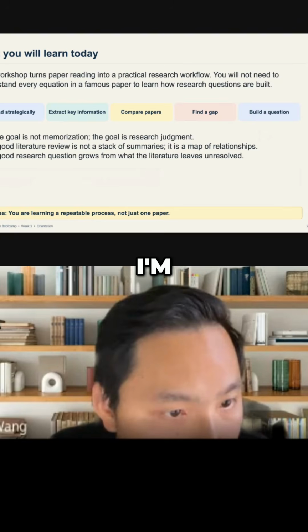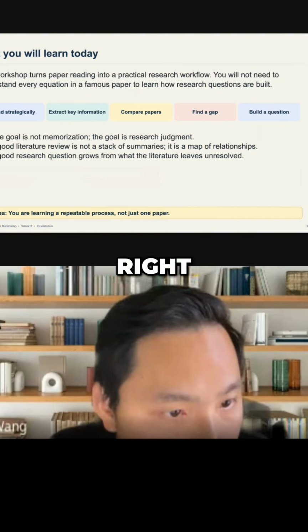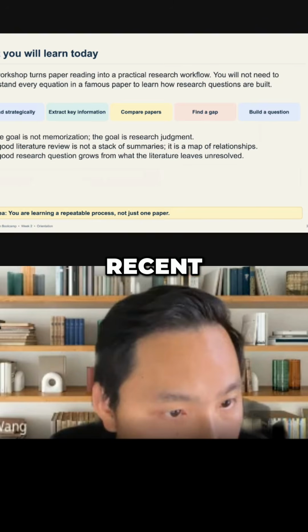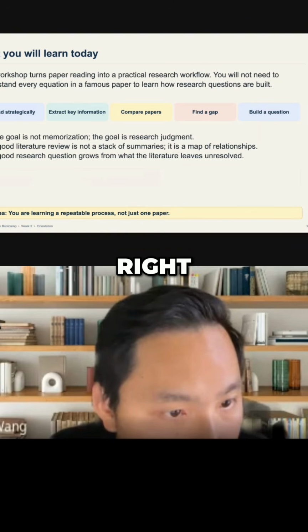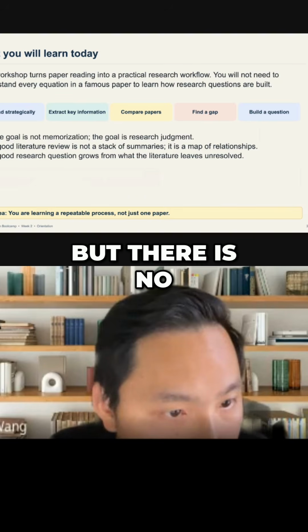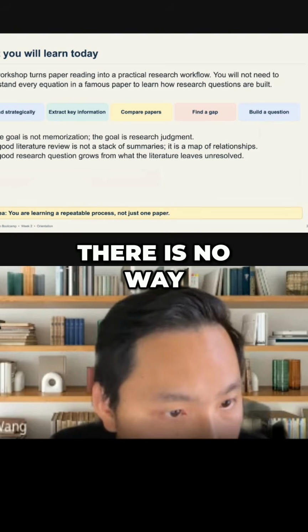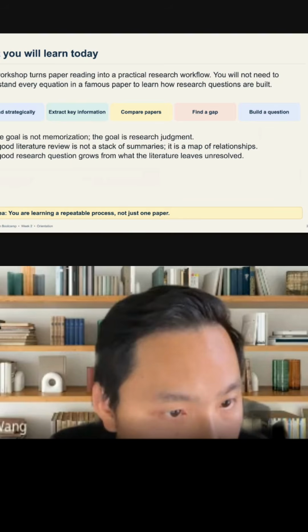For example, I'm doing machine learning, specifically model development, say diffusion models, which are a pretty hot topic recently in the machine learning community. But there's no way for me to understand every single equation, even in a single paper, very quickly.